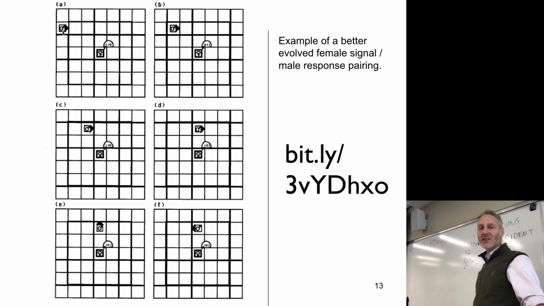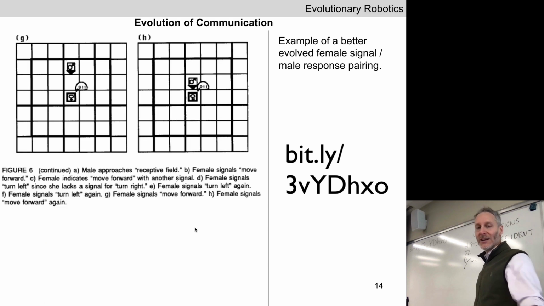Here's the example we just talked about a minute ago. Male entering from the northwest, from the female's perspective, traveling east. The female is emitting 101, 011, 101, 101, and the male turns left. She keeps singing 101, and the male keeps turning left, turns left again.